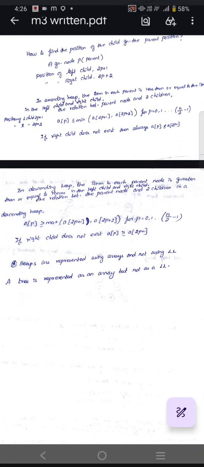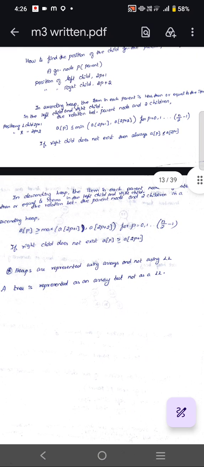In an ascending heap, the item in each parent is less than or equal to the item in the left child and the right child. The relation between the parent node and two children: the position of the left child is 2P plus 1, right child is 2P plus 2.